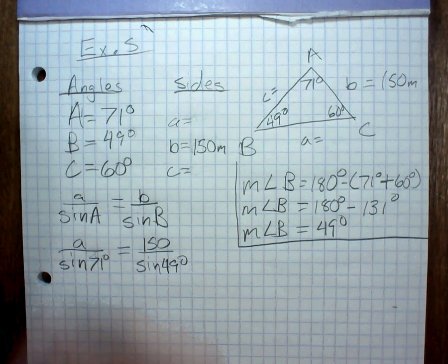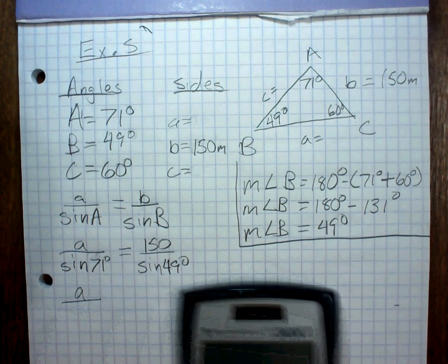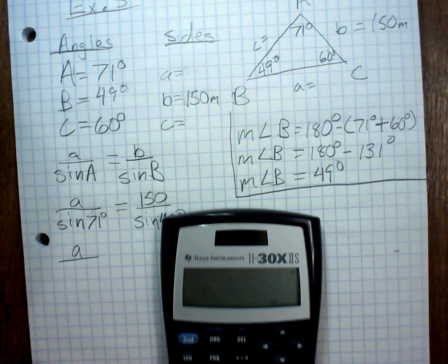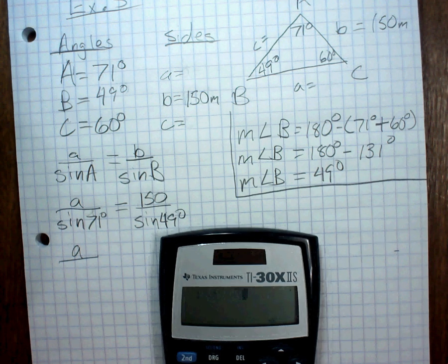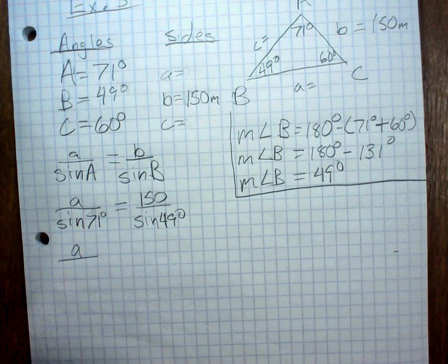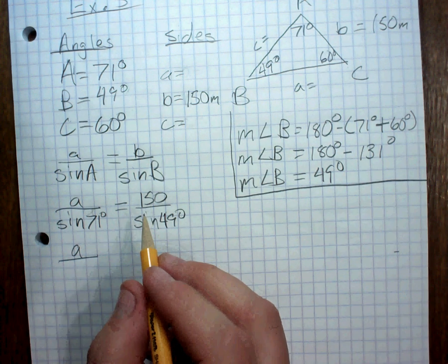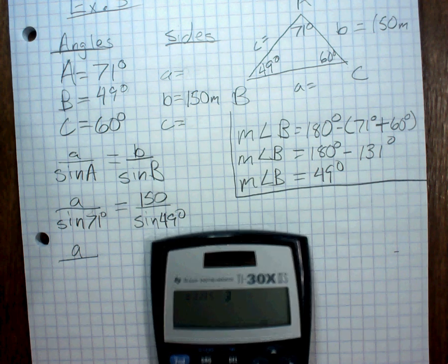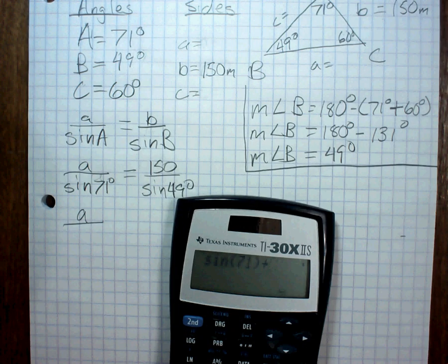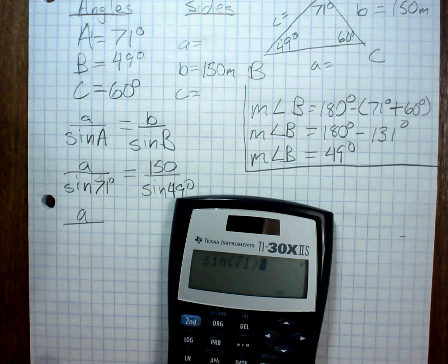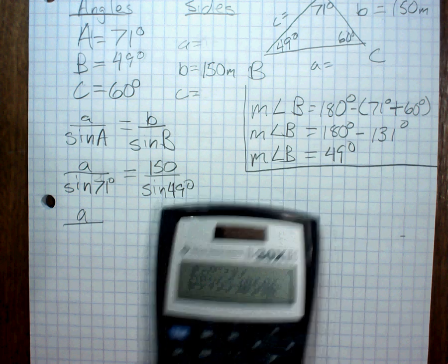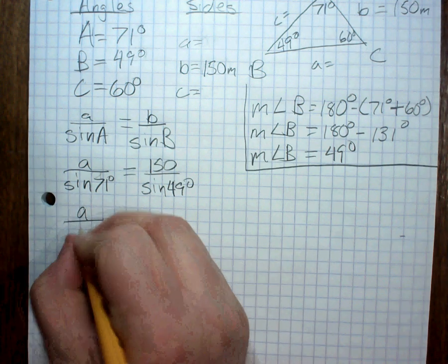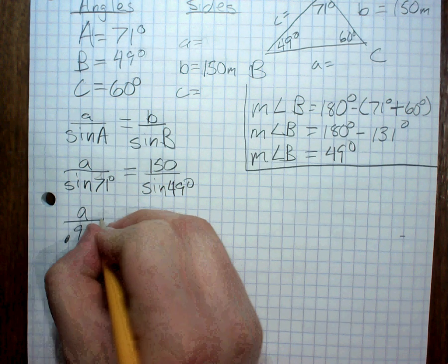I better just plug the numbers in, or you guys will get confused. So sine of 71 degrees, that number is 0.9455.